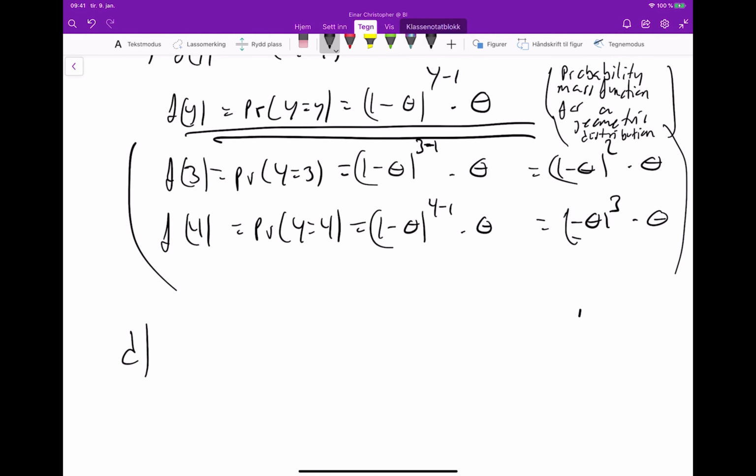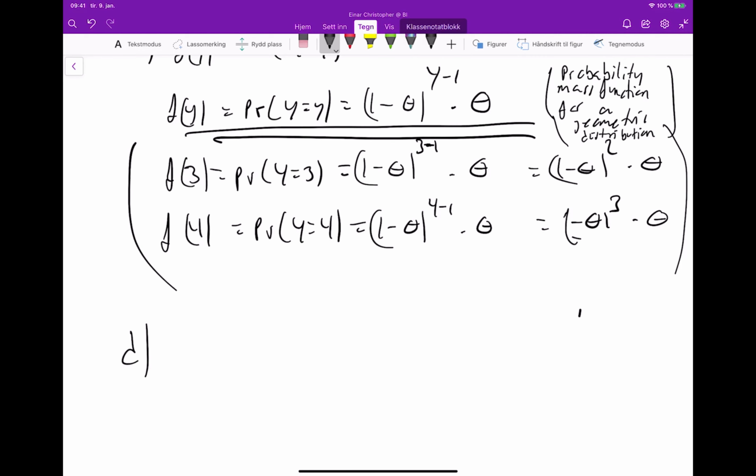D. And now we're going to verify that this f of y is a probability mass function, and it has two demands.